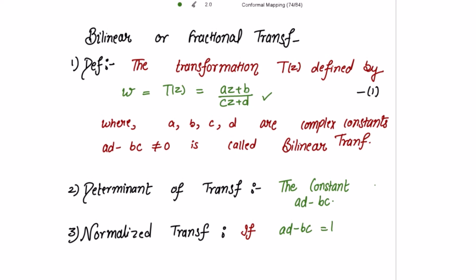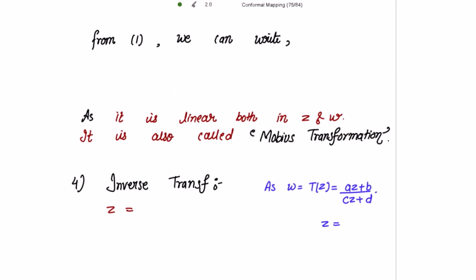And from this one, if I take cz + d to the other side and multiply it with w, I get cwz + dw is equal to az + b. Let's also take this az + b to the other side. Then we can write cwz + dw − az − b = 0.